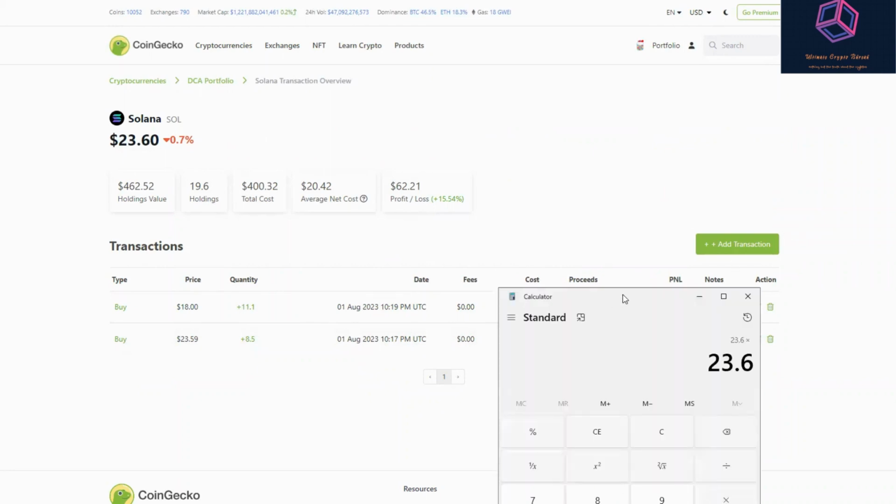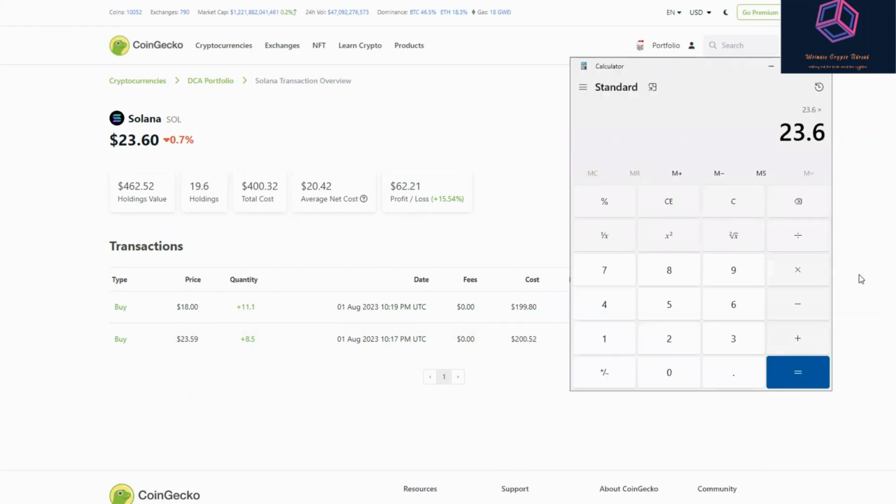So as you guys can see, we bought 23.6 times 8.5 equals $200, right? Plus we spent another $200. So total we spent is $400 so far.